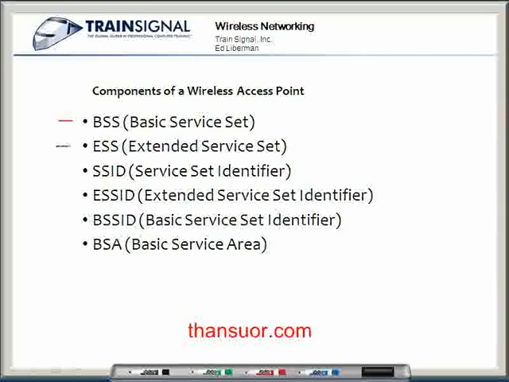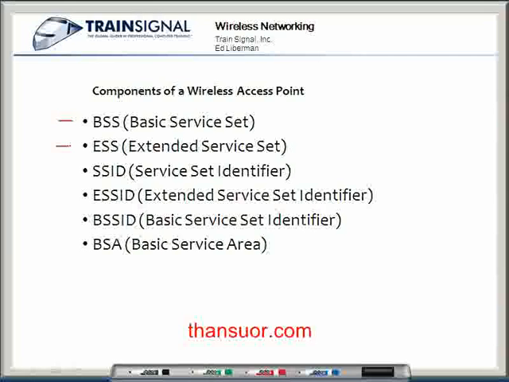Whereas ESS, you'll see here, is the extended service set. And you could probably guess, if the definition of basic service set is a wireless network with one access point, then the extended service set is more than one access point being used together to create a larger wireless network.